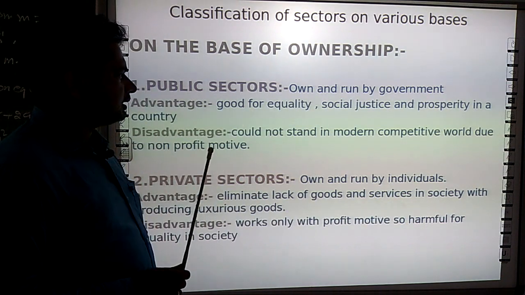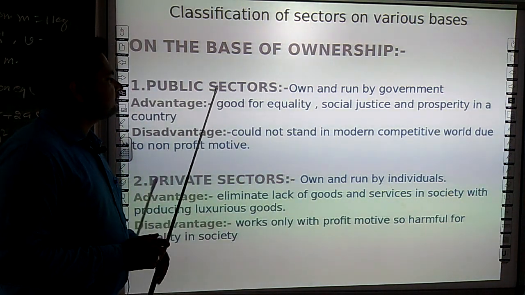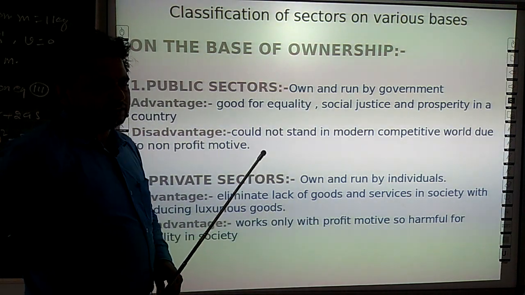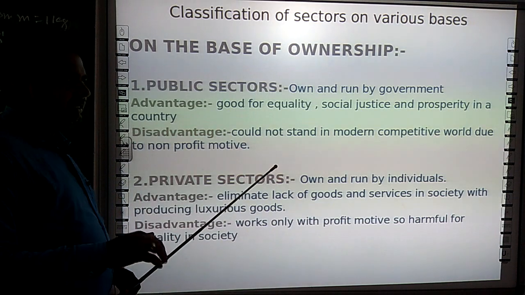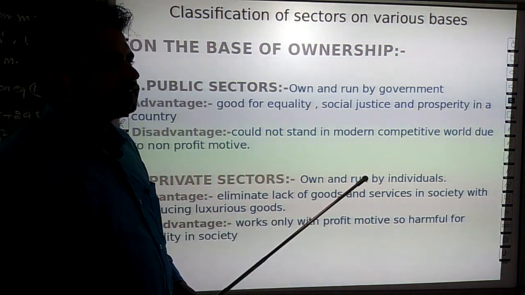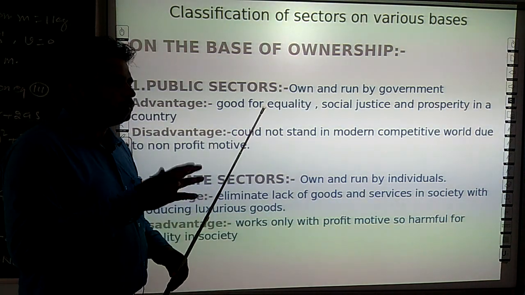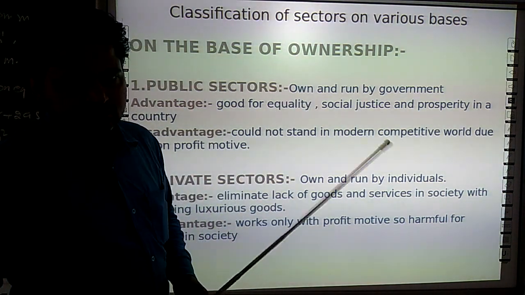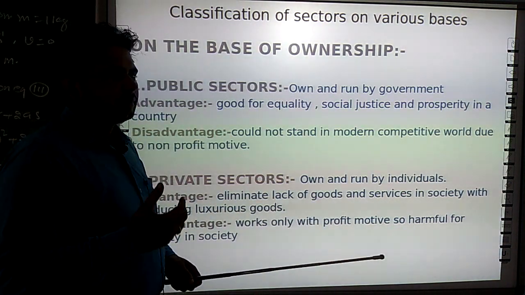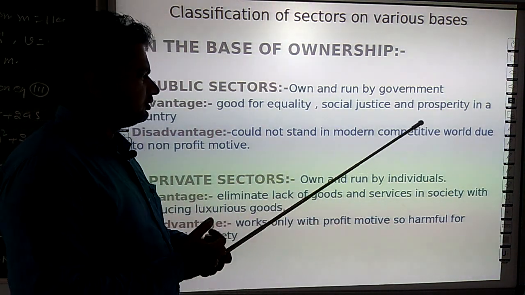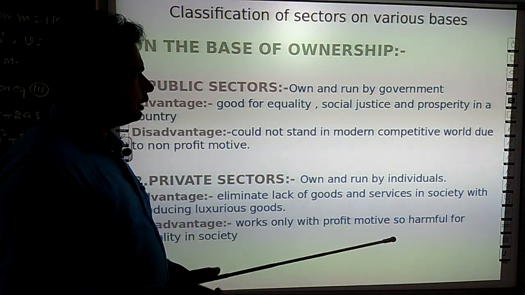Along with it, the disadvantage: the public sector could not compete with the private sector due to its negligence of profit, as this sector does not work for profit, it just works for providing better facilities, services and goods to the people.